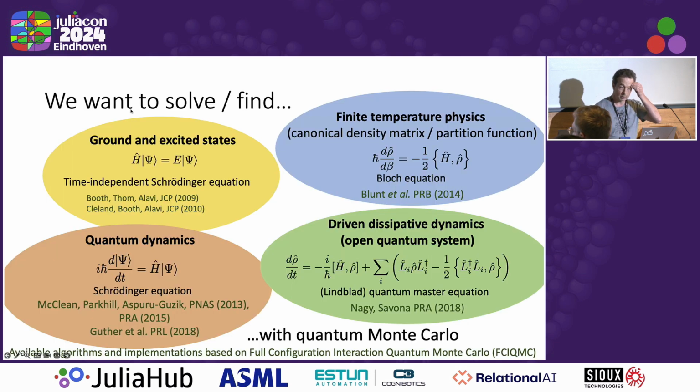So what do we want to do? We want to solve a number of quantum mechanics related problems. The first and foremost is to find the ground state and low-lying excited states of a large quantum Hamiltonian. And here the emphasis is on quantum many-body problems, so the Hamiltonian is large.